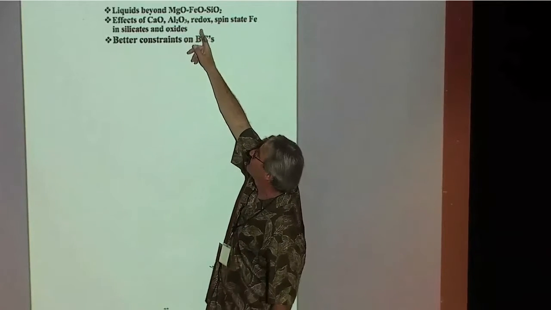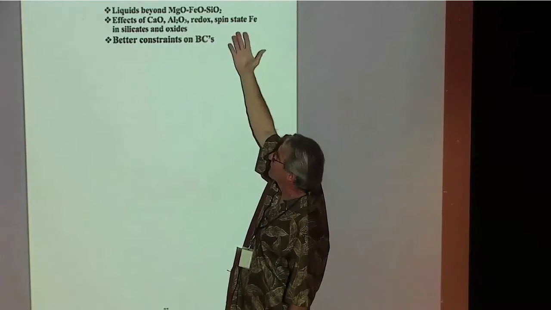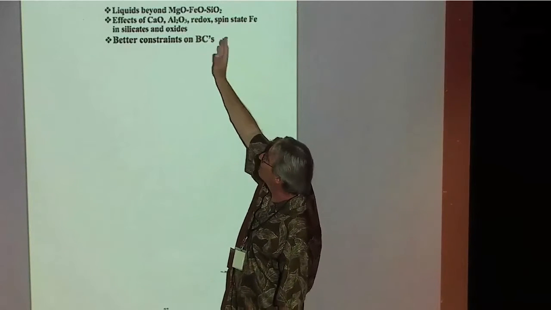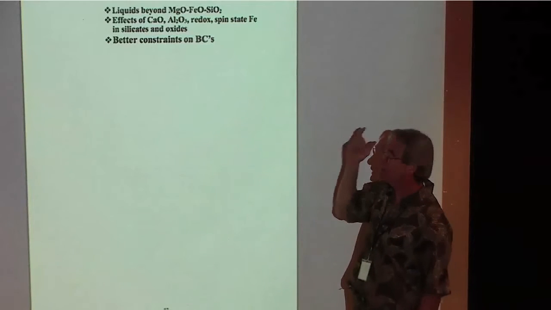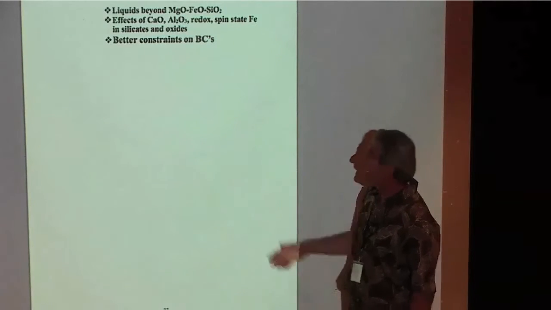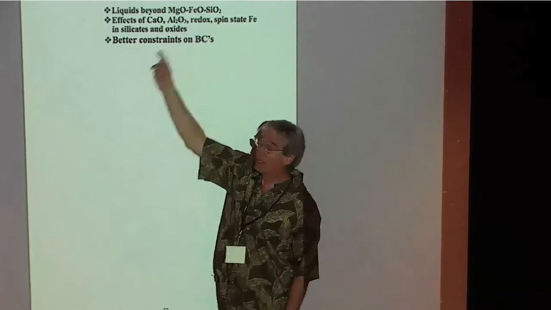It's kind of dicey, but that's what Lars did, and that's what you have to do. But we need to know the effects of calcium, alumina, redox conditions, spin state of iron. These are all things. And better constraints on the bulk compositions.